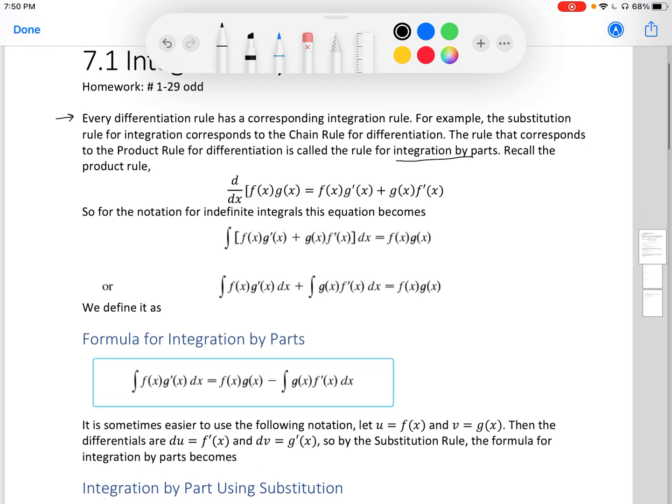Recall the product rule. Our product rule says that if we have two functions of x, to take the derivative, we take the derivative of one times the original of the other, plus the derivative of the other times the original of the first, right?